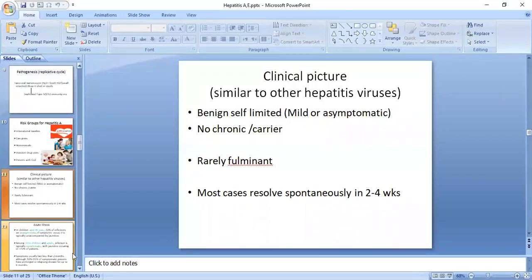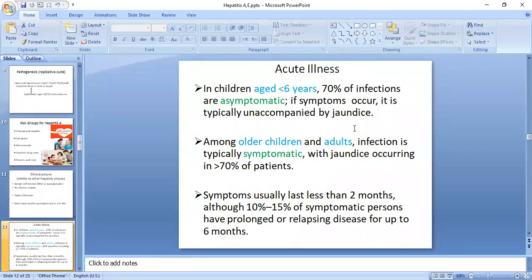However, it exists. In children, the acute hepatitis: in children aged less than 6 years, 70% of the infections are asymptomatic.